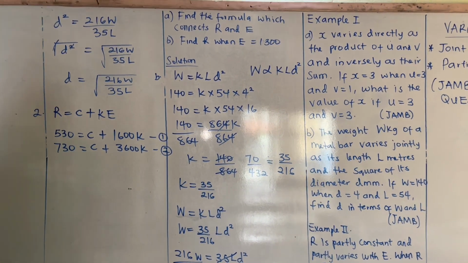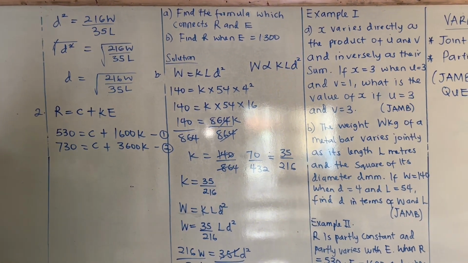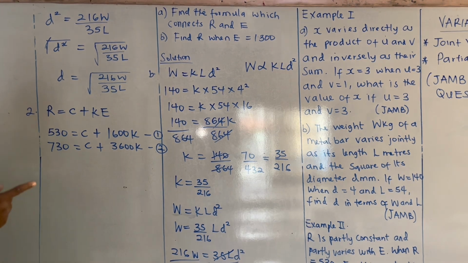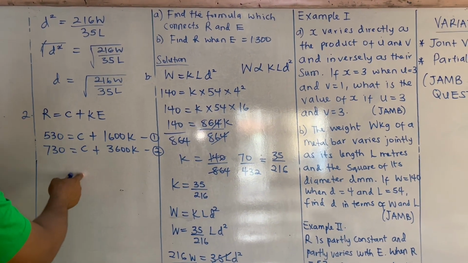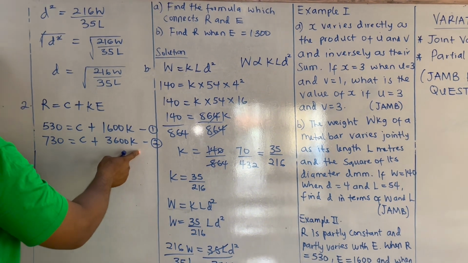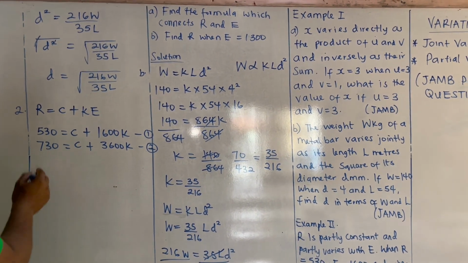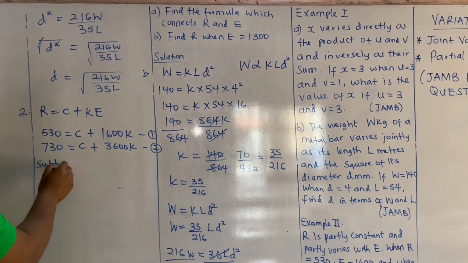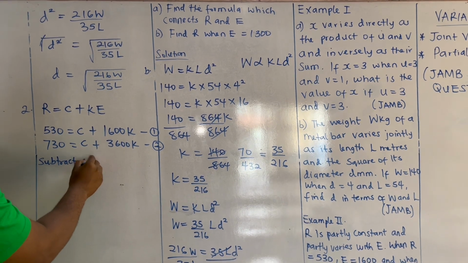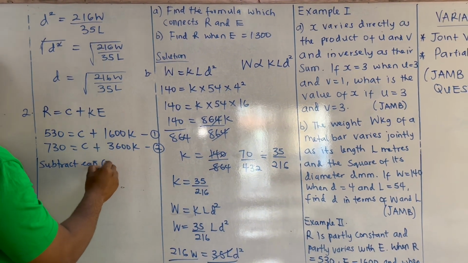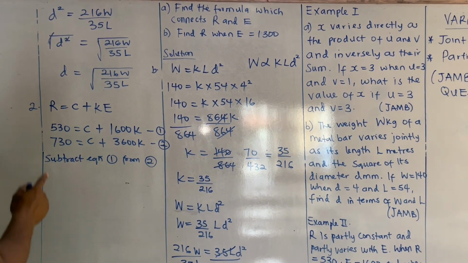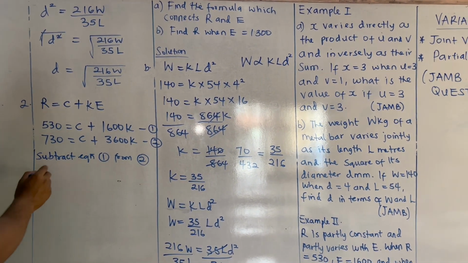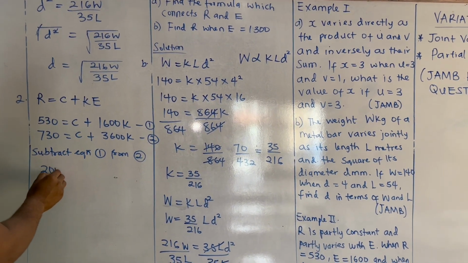Now we are going to subtract equation 1 from equation 2. We are going to do that so that we can eliminate C and find the value of K. Alright, so let's subtract 1 from 2. 730 minus 530 will give us 200.